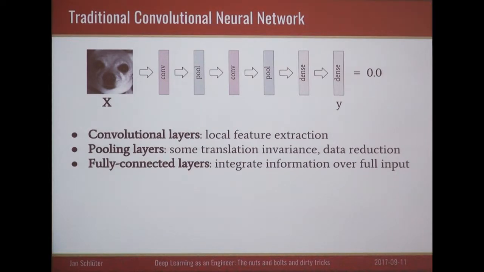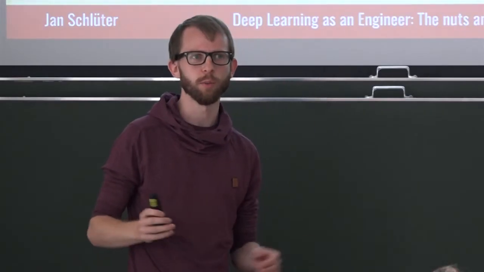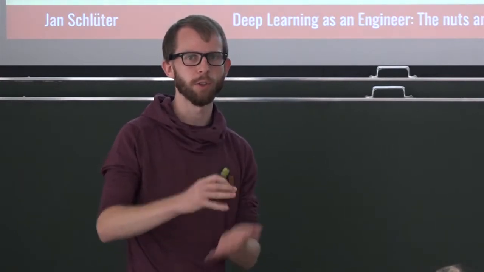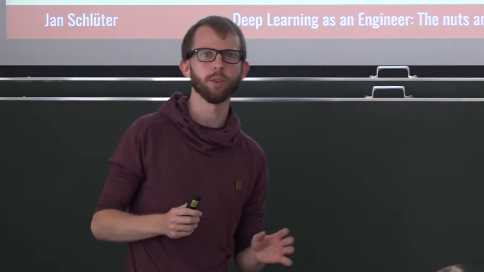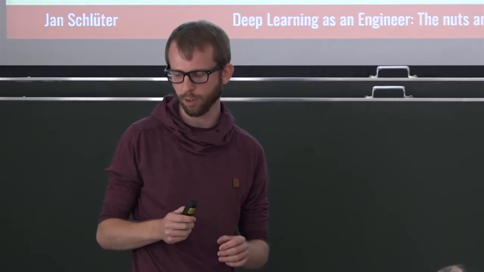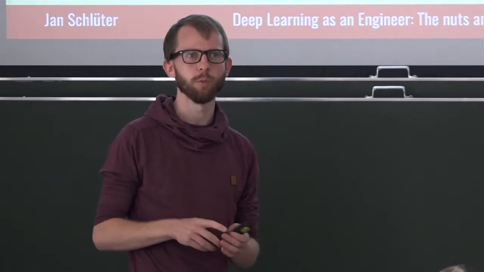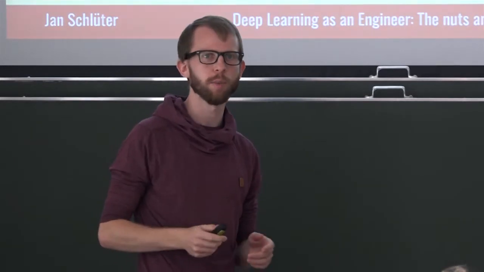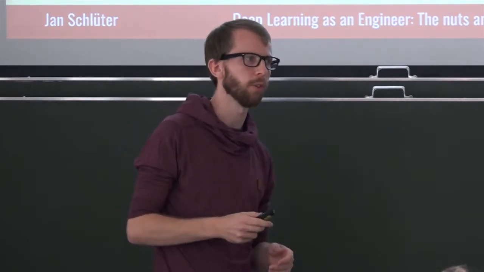So these are the ingredients for a traditional convolutional network, which looks like this. You have the input, then some convolutional and pooling layers. The convolutional layers extract some local features. The pooling layers reduce the amount of data and also introduce some input translational invariance, because most often when the input is just shifted by a single pixel, the maximum within the patch will not change.